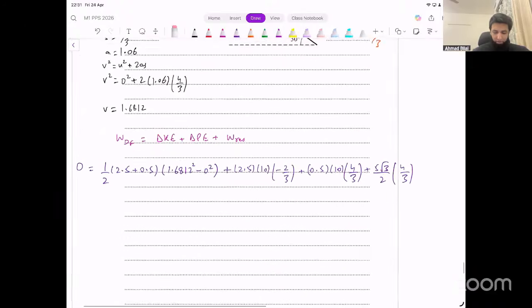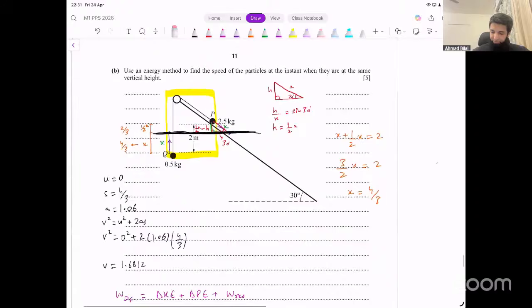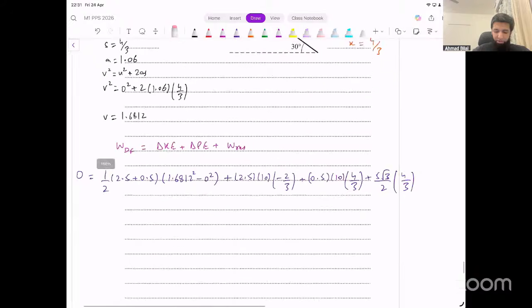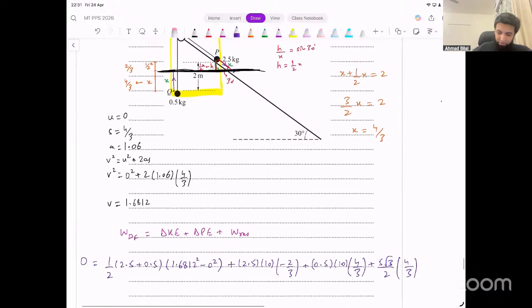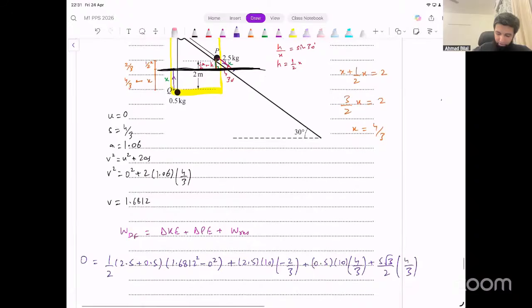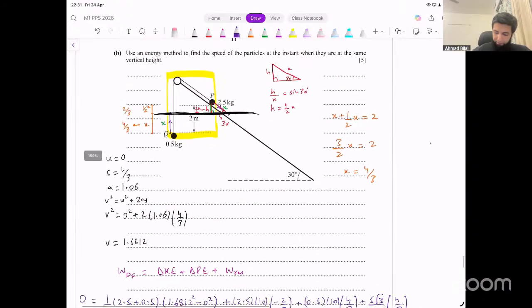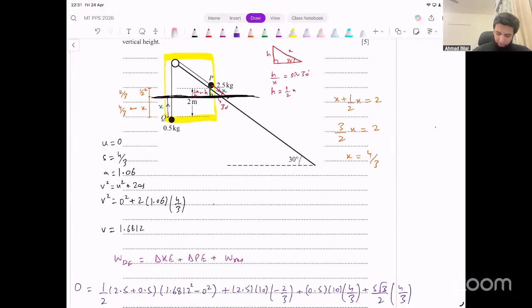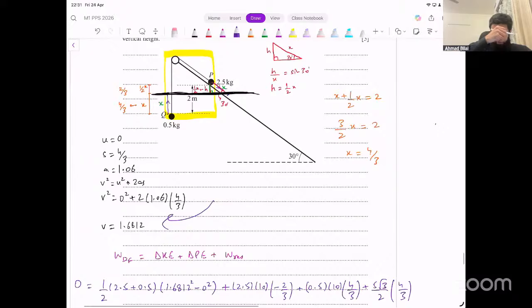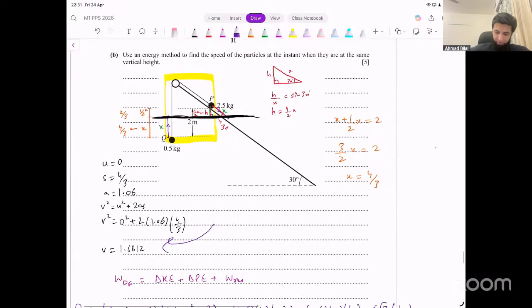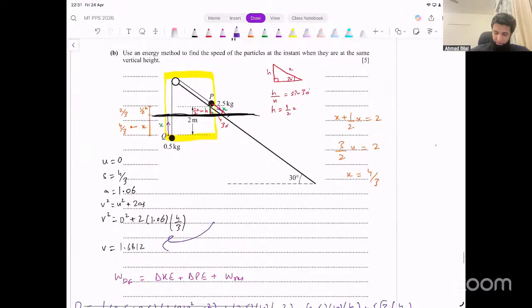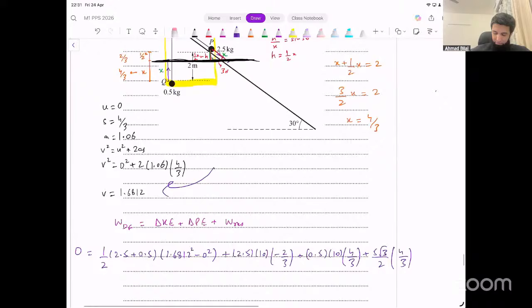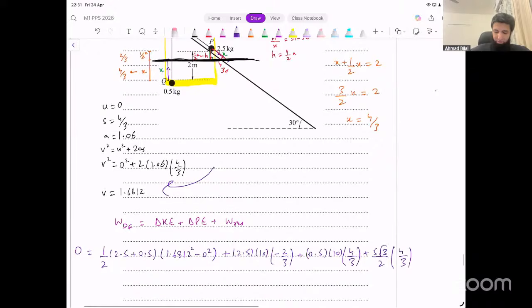There's no unknown here. I'm sorry. When they are at the same vertical height, this was the initial velocity. I'm sorry about that.